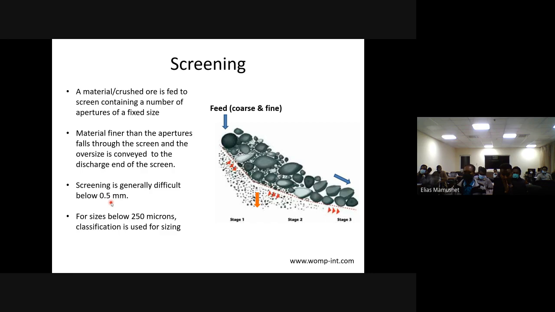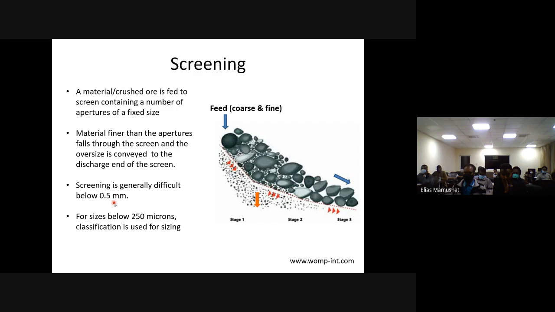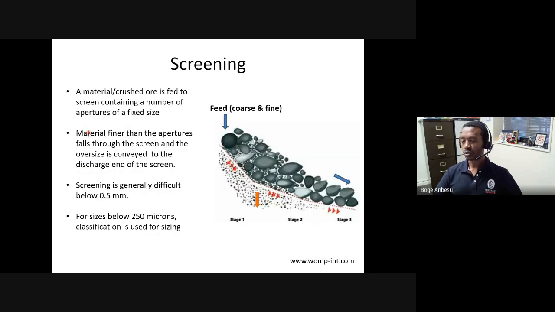In that case, we use classifiers. Hence, in that previous circuit that I've shown you, we use classifiers with ball mills because we know particles are fine here. And we use screens either in the case of primary grinding discharge or in the case of a primary crusher feed.